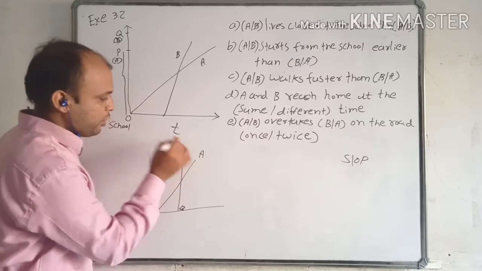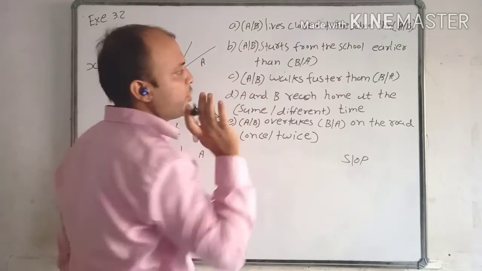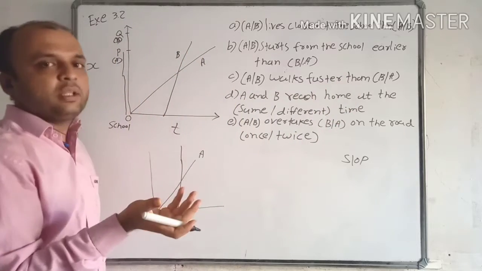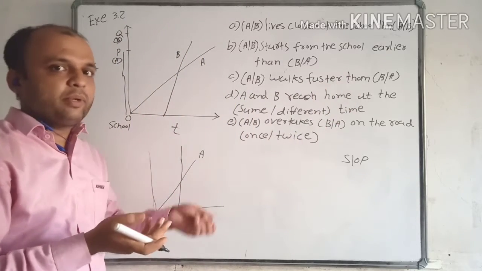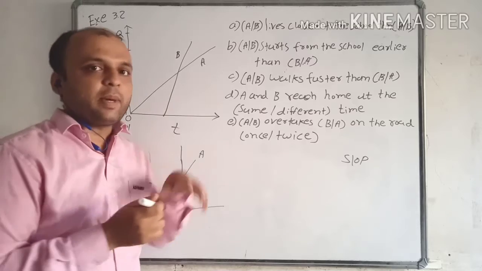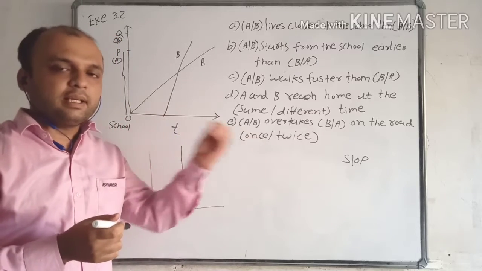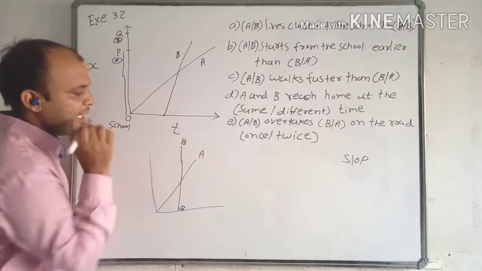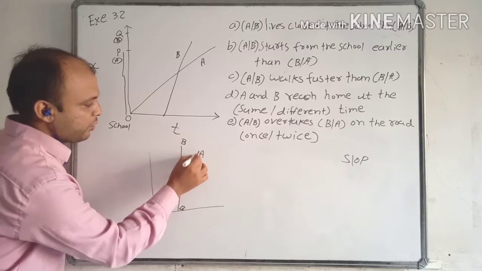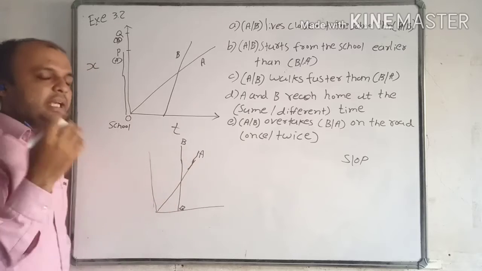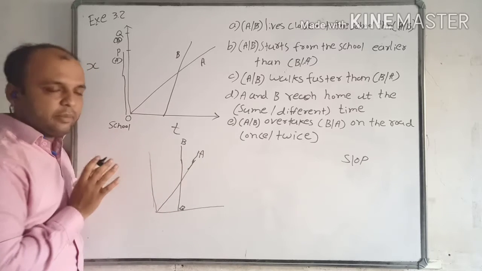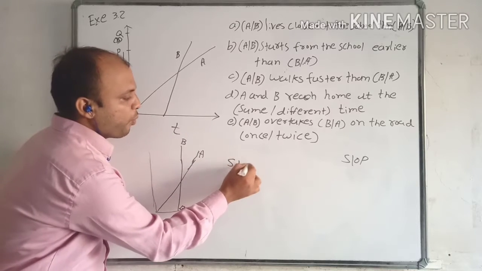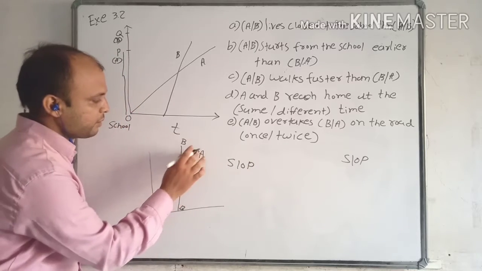Now we will talk about velocity. Here they ask who is faster. How can we say someone is faster than another? By taking their velocity. So we will find the velocity for A and B. They don't give any values for A and B, so we find the slope.